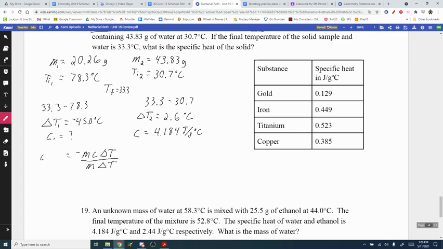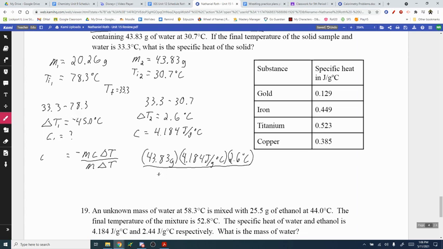So we have 43.83 grams times 4.184 joules per gram degree Celsius times 2.6 degrees Celsius, divided by our stuff over here.